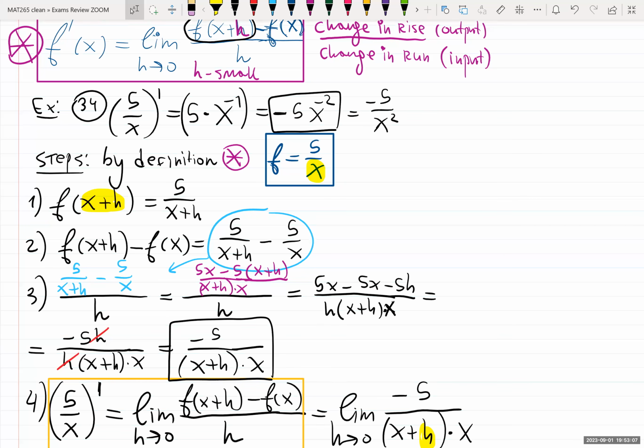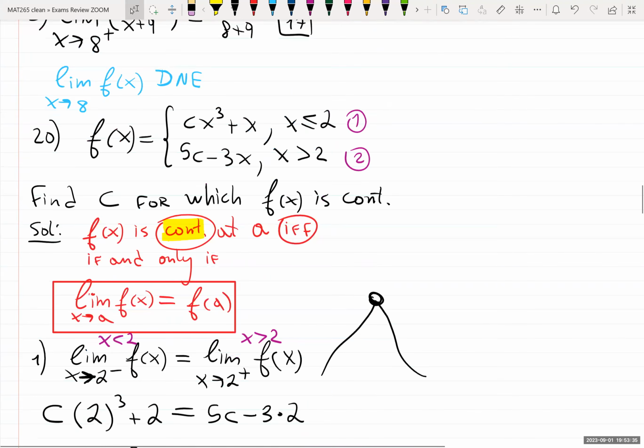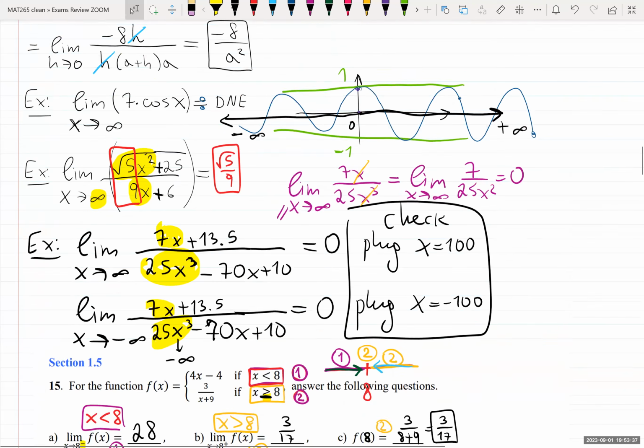2.1, number 7. Let's see. It has 8 problems. Number 7 is, oh yeah. Oh, we did that though. So this one we just did, it was here.